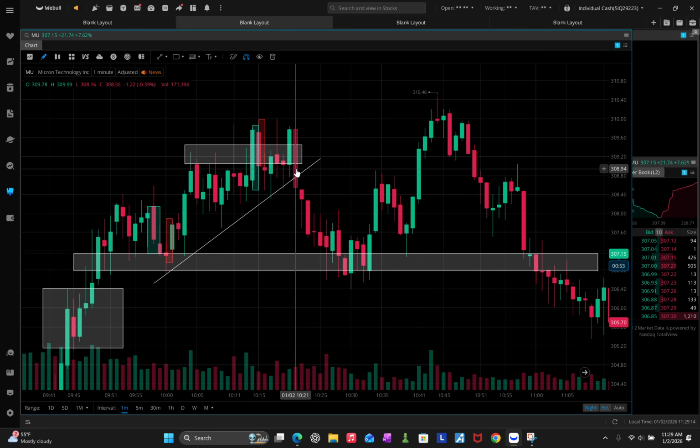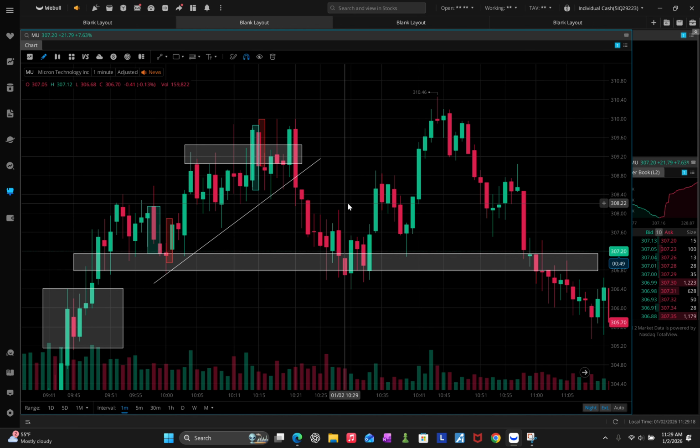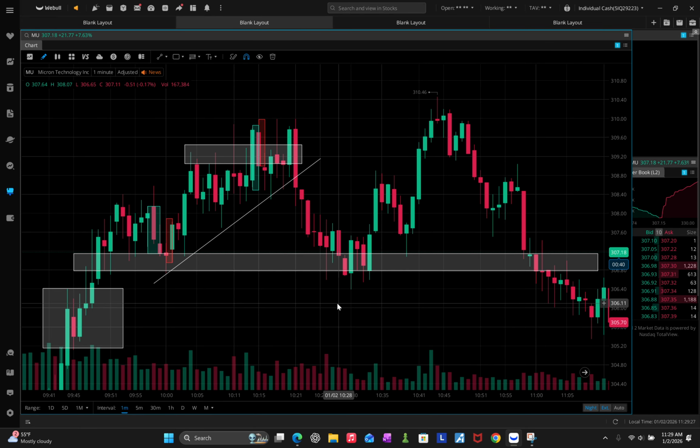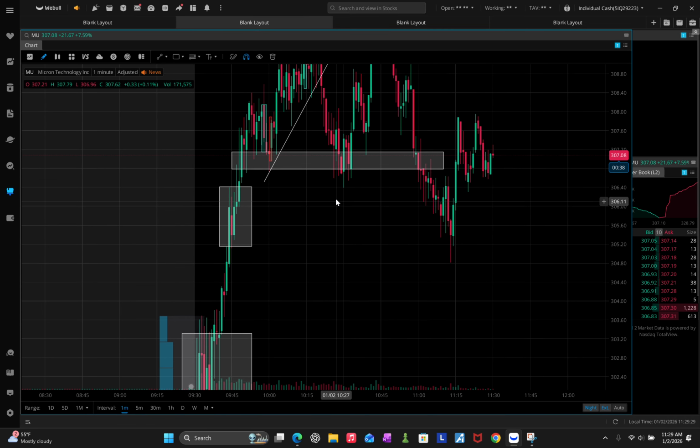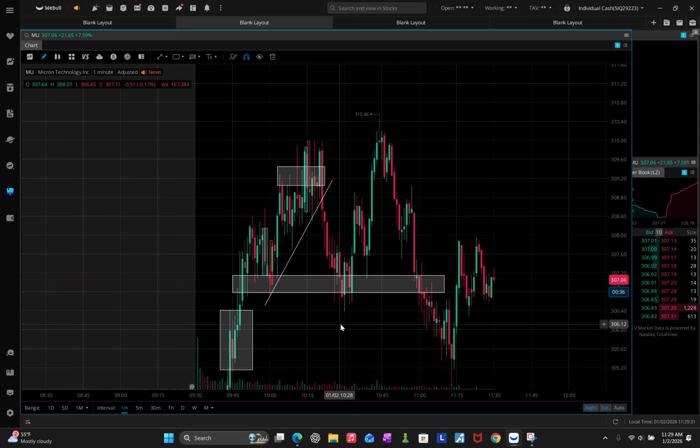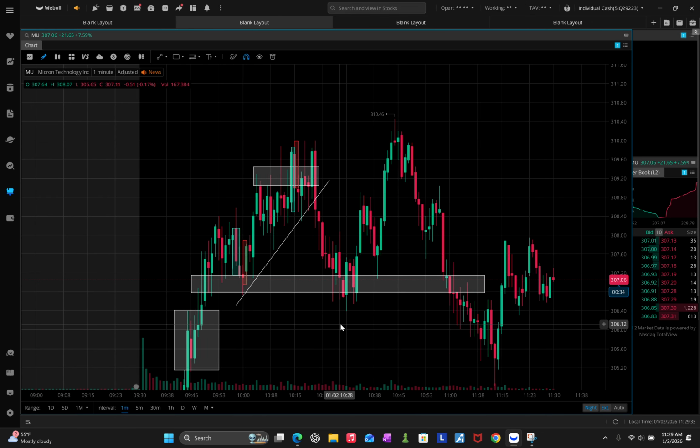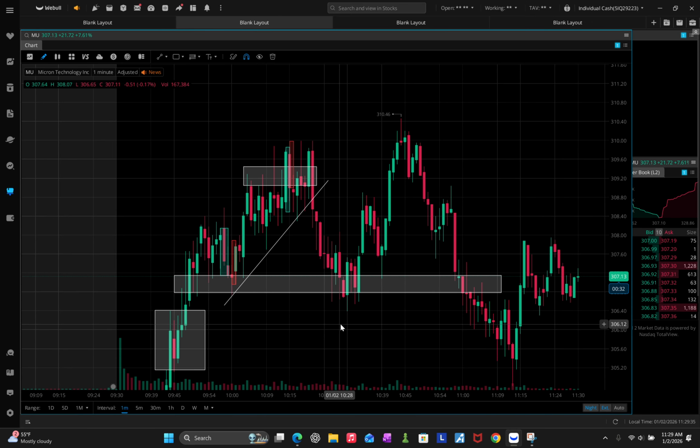This was the right idea, and like I was saying before, between 10 and 10:30, the SPY was going extremely down. The SPY was getting crushed. So this was a stock that was trading way above resistance level, and I was just looking to capitalize on the move downward and following SPY.